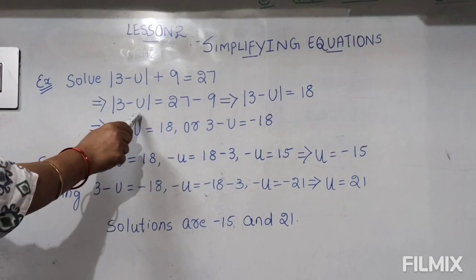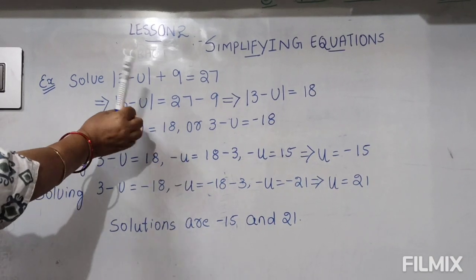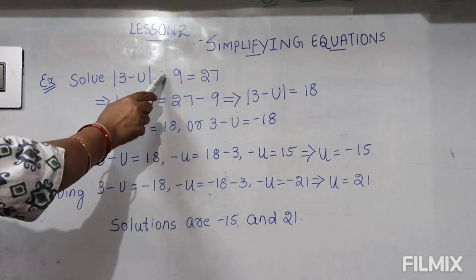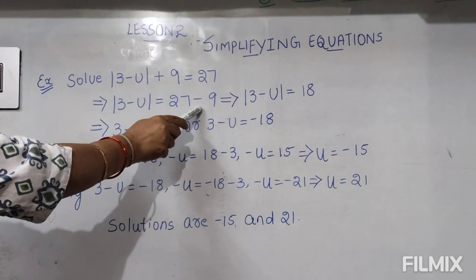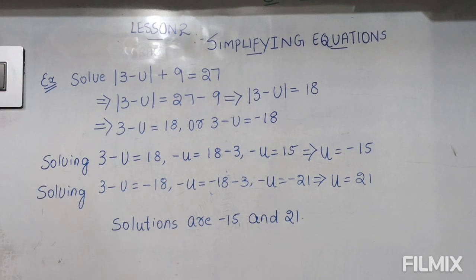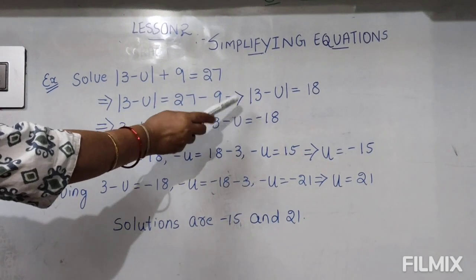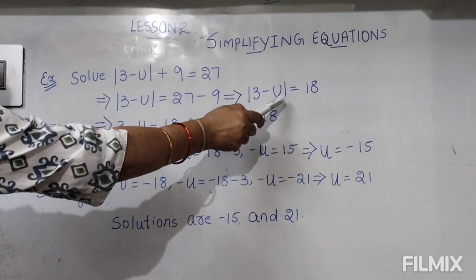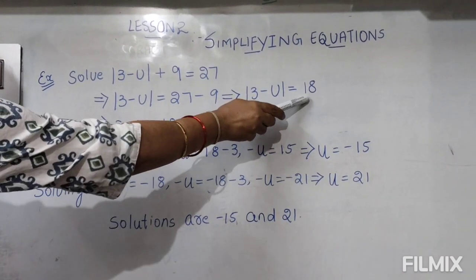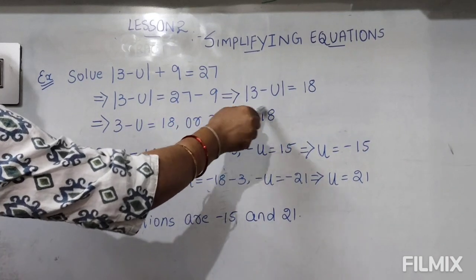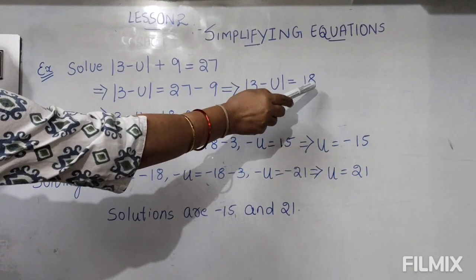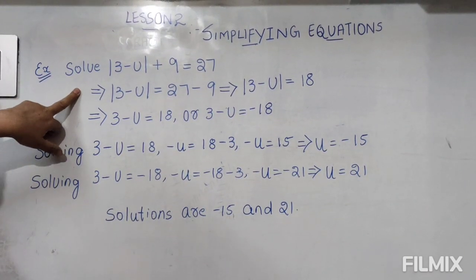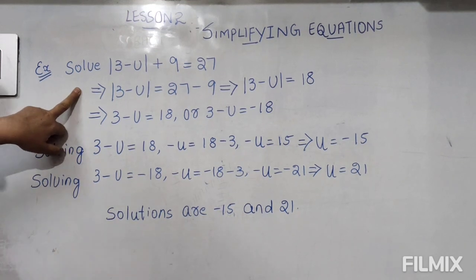So I am writing this |3 - u|, which is equal to, transposing this 9 towards the right hand side, which implies |3 - u| = 18. So the absolute value is equal to 18. Here, I have explained to you that absolute value is always positive.